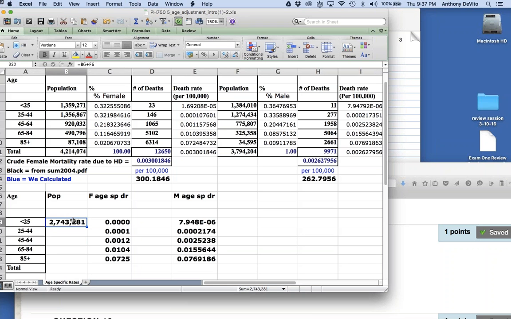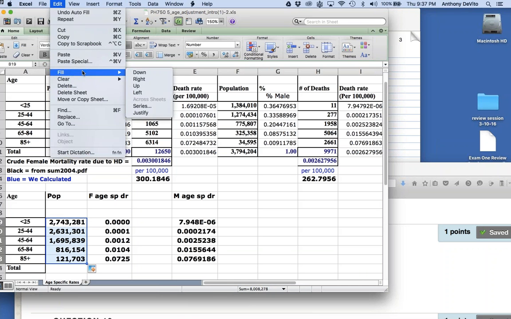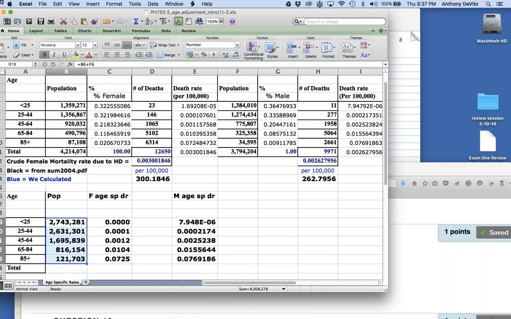Okay, so now these numbers represent the total population of New York City in each one of these different groups, total male and female populations, right?